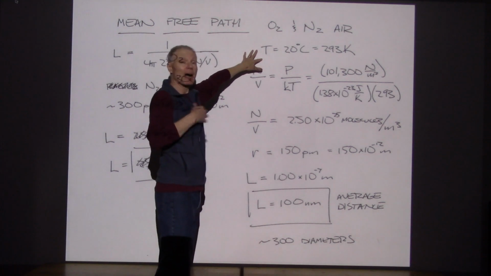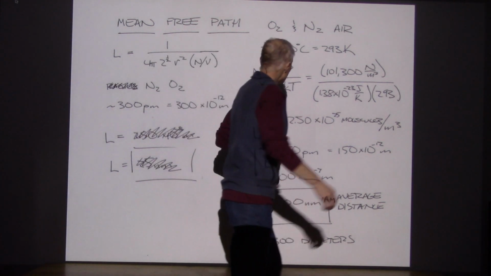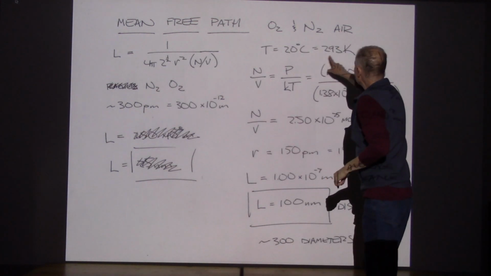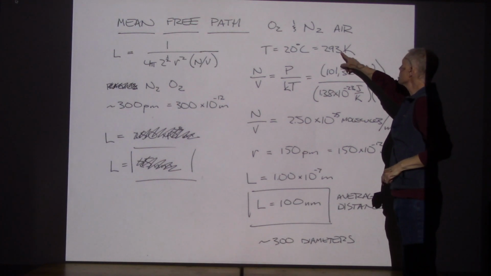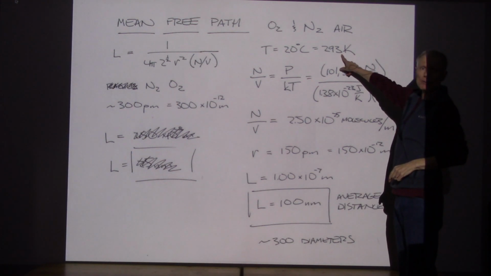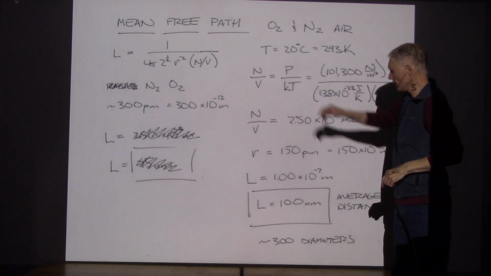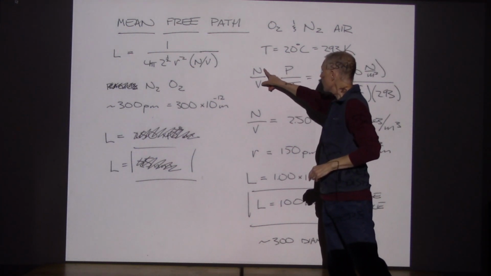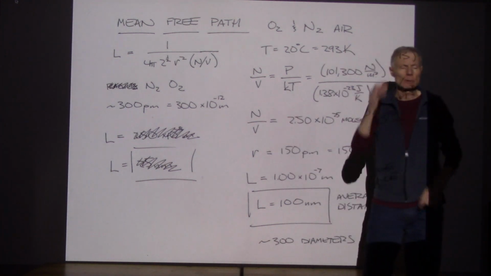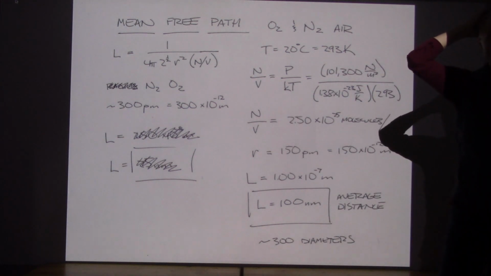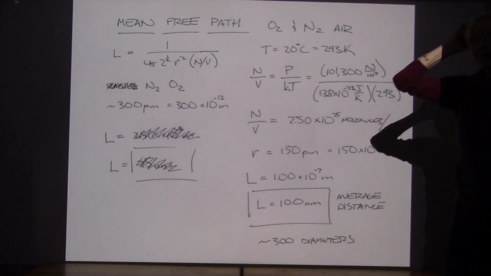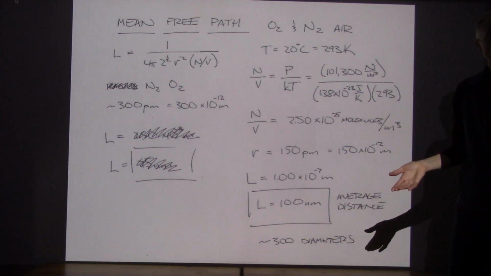Now the temperature I'm going to use is 20 Celsius, which in terms of kelvins is going to be 293 kelvins. What we needed to calculate, the formula is telling us, is how many molecules there are per volume. I can calculate the number of molecules per volume because I've got the ideal gas formula.